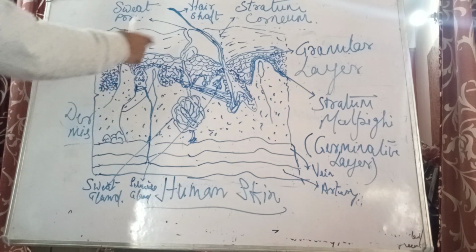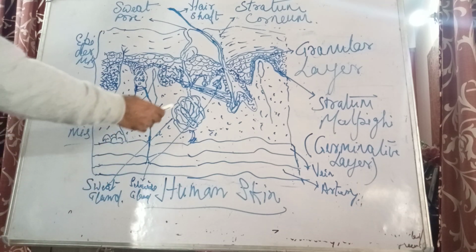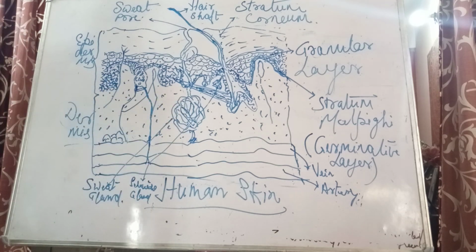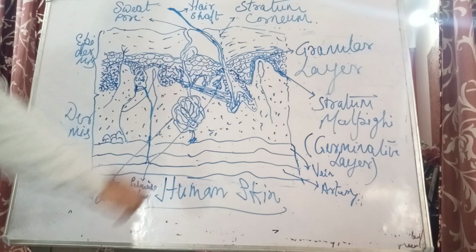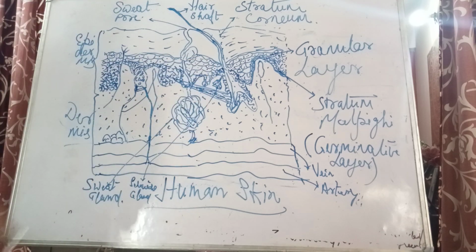There are numerous sweat pores on our skin. So this is the gland which is in the dermis, sweat gland. Sebaceous gland is also there, which forms the sebum. Nerve endings are there, which is giving us the sensation of touch, pressure, temperature, etc.